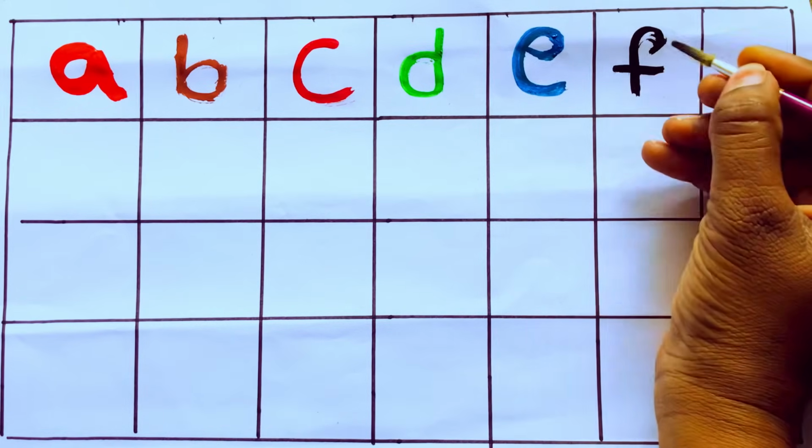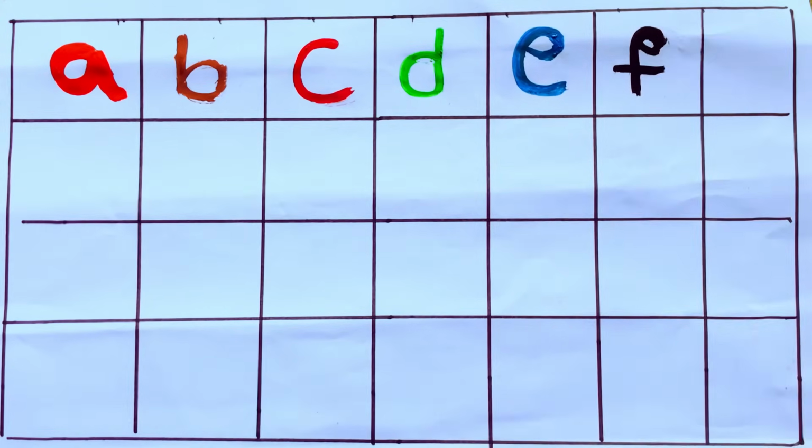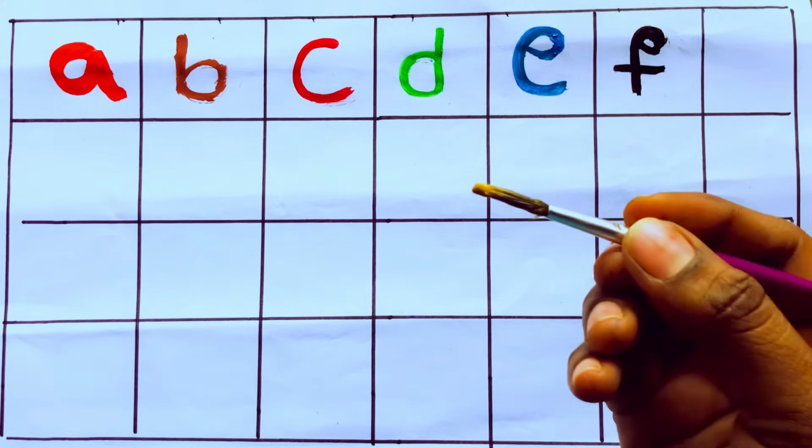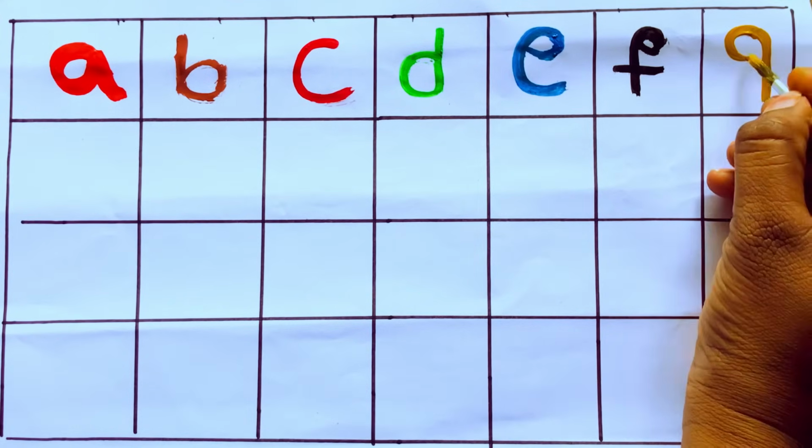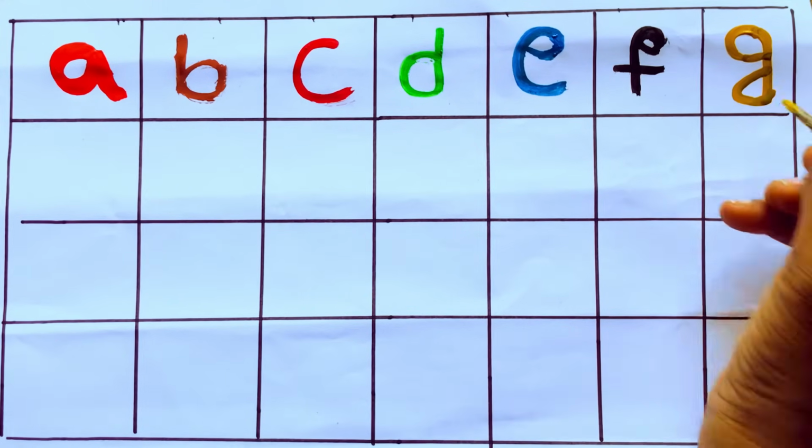Black color, F for fish. Yellow color, G for goat.